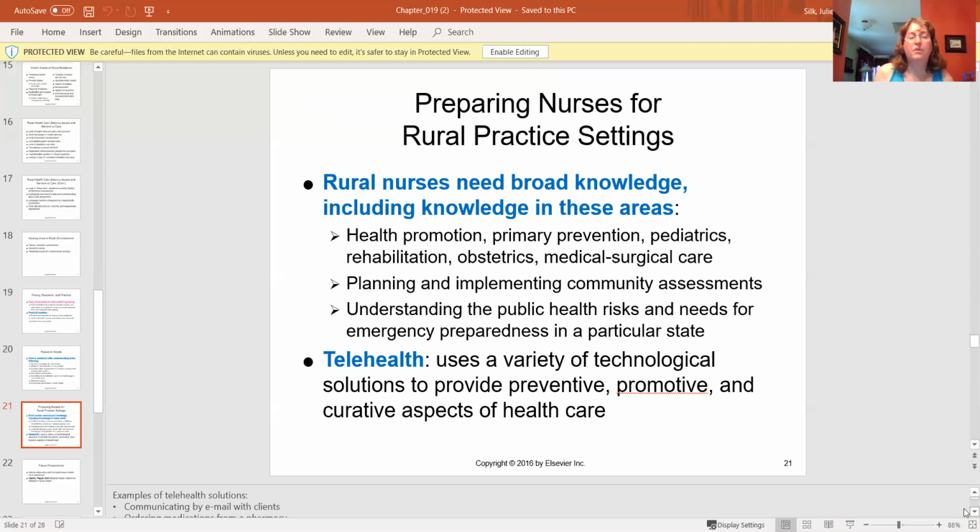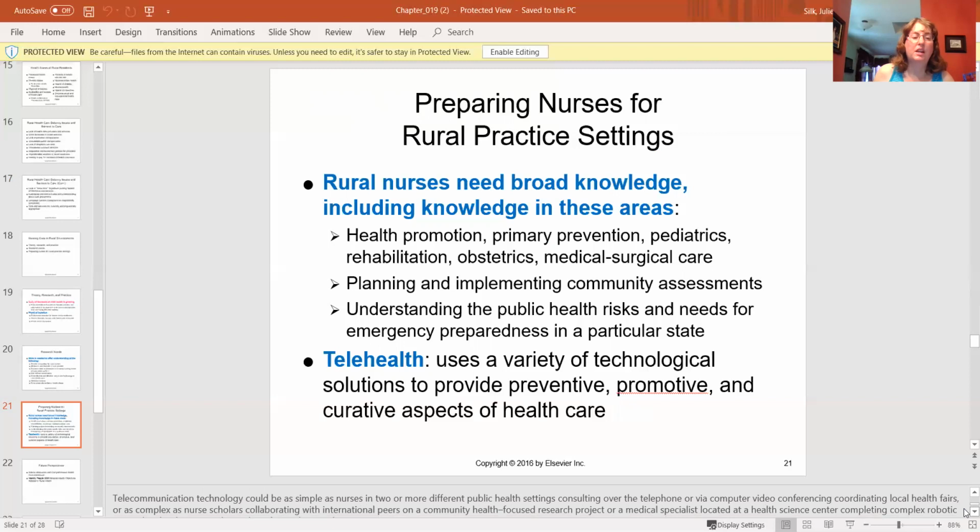Some examples of telehealth solutions would be communicating by email with clients, ordering medications from a pharmacy, consulting with other healthcare providers, and accessing advanced or continued education offered by a university located some distance from the receiving site.